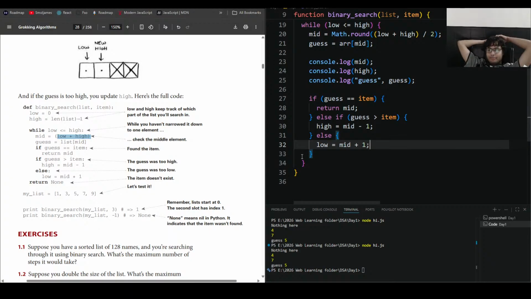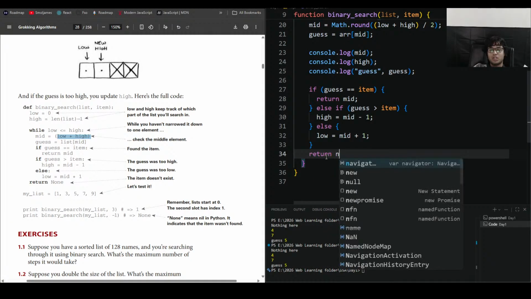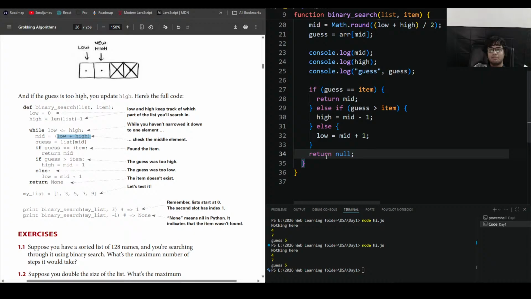Low, mid plus 1. Overall we're done. No, null, no, null is fine. Okay, none.